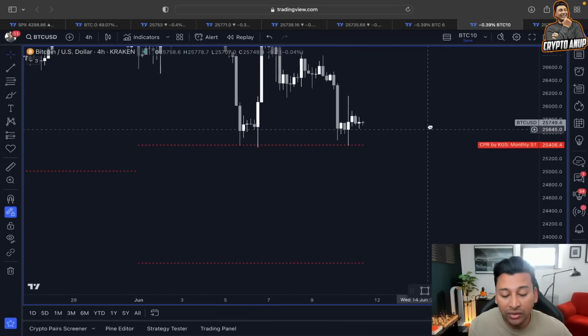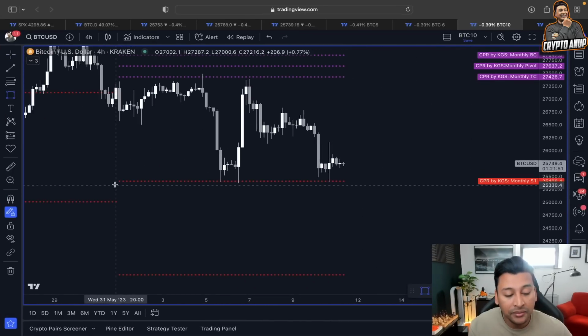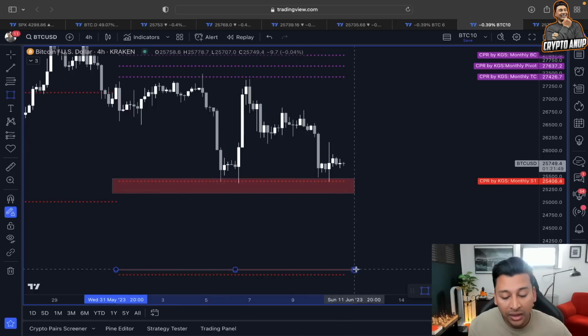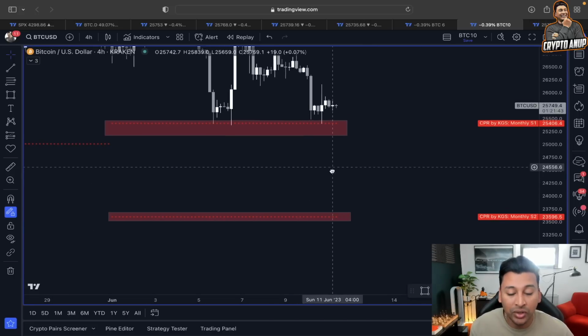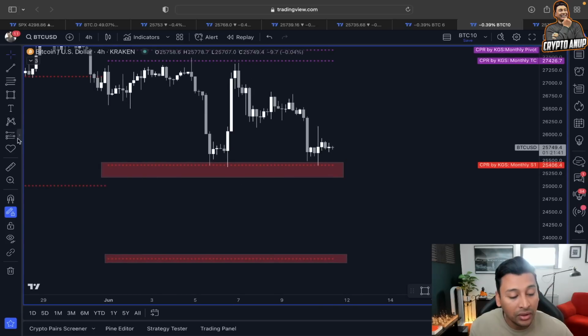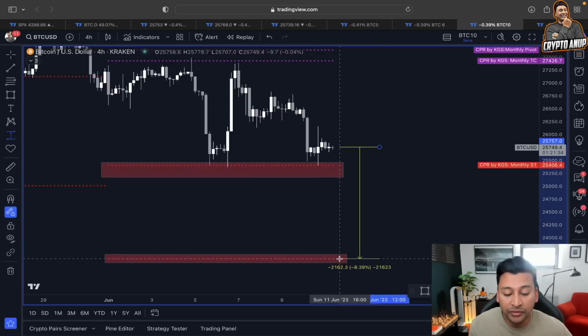Yes, guys, according to this CPI indicator, once we lose the support at 25,000, this lower trend line is going to be our next target, which is sitting around $23,596, the 23,600 range. So this would lead to another 7 to 8% retracement in the price action of Bitcoin for the upcoming days. So that is exactly what we want to avoid.